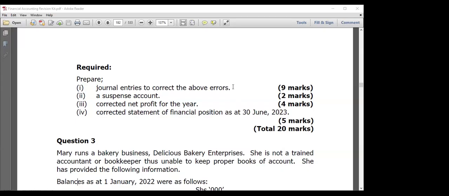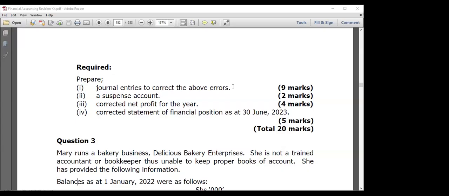Are they the ones of errors of commission and errors of original entry, and then the others don't affect the trial balance? It's the other way around. The ones for which you were given an acronym don't affect the trial balance. If you're conversant with those ones, then you can be able to identify the other ones that affect the trial balance.